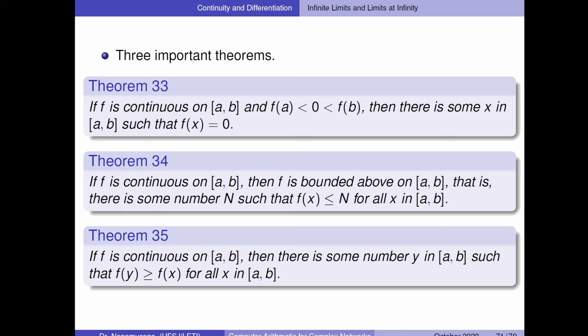The composition of continuous functions is also continuous. So the composition of a function is bounded above as well. What you are going to do when you are using an iterative map is make a composition of a function. So it's bounded.